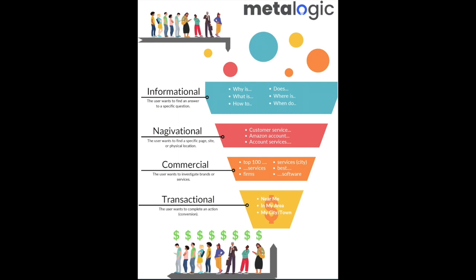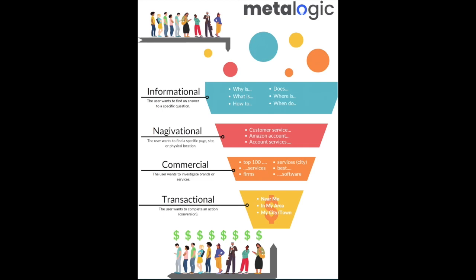You'll see accounting services, plumbing services, electrical services, HVAC services, and then in a city. You're also going to start seeing things like top 100 accounting firms in the United States. When you see top 100 or United States, those are things we're going to want to filter out. But we want to keep services in there for sure.